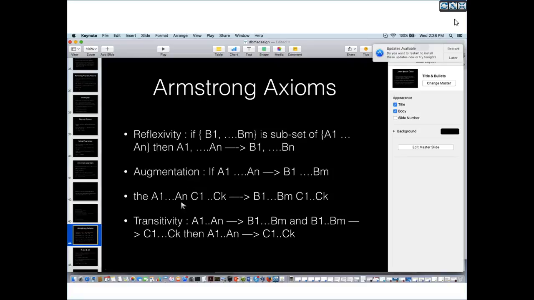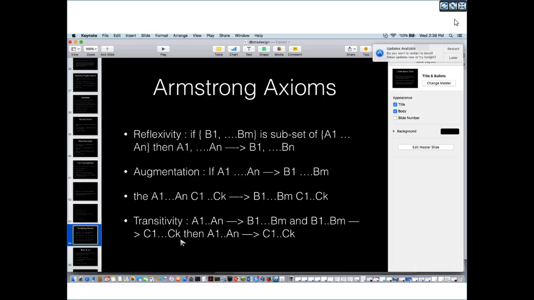What is the augmentation axiom? If A1 to An functionally determines B1 to Bn, then by just adding C1 to Ck on both sides, it will still be valid. For example, A1 to An, C1 to Ck gets added on both sides. This is called the augmentation rule.